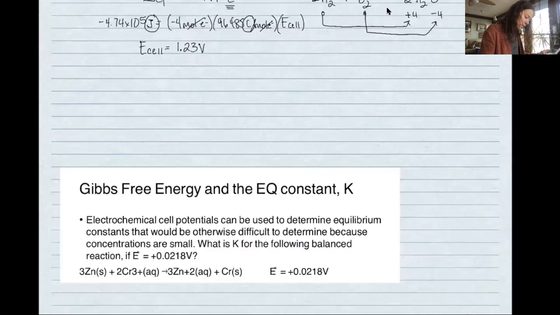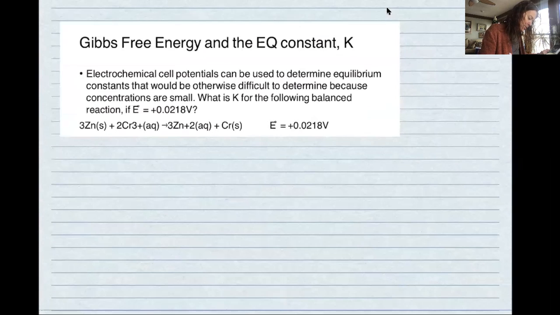All right. Lastly, Gibbs free energy and the equilibrium constants. Electrochemical cell potentials can be used to determine equilibrium constants that would otherwise be difficult to determine because concentrations are small. So you can't calculate the concentration, but we can use cell potentials to figure out what K would be.